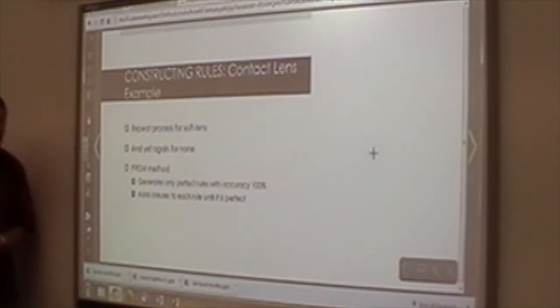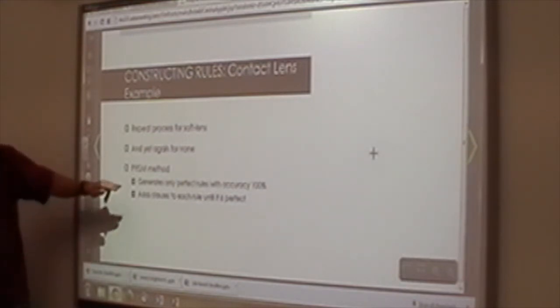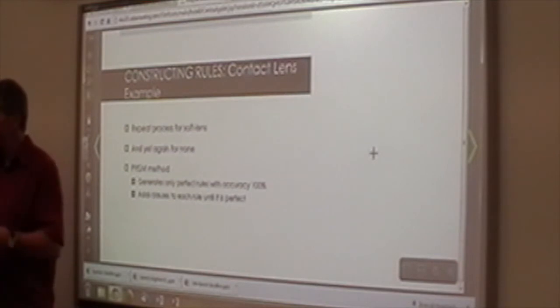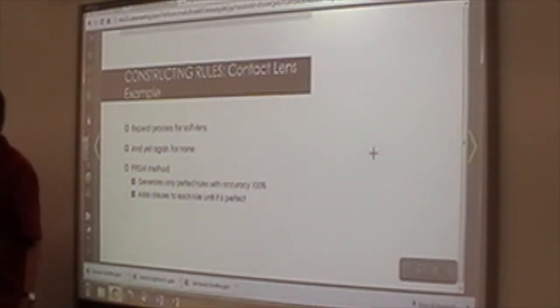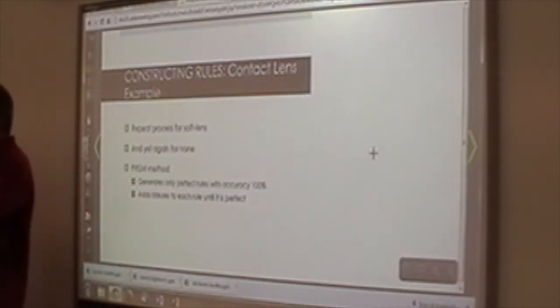The method I've talked about is sometimes called the prism method. It generates perfect rules, 100% accuracy, as long as it's doable, given that everything's classified exactly. Basically, you just keep adding a clause to all your rules until you get it right.